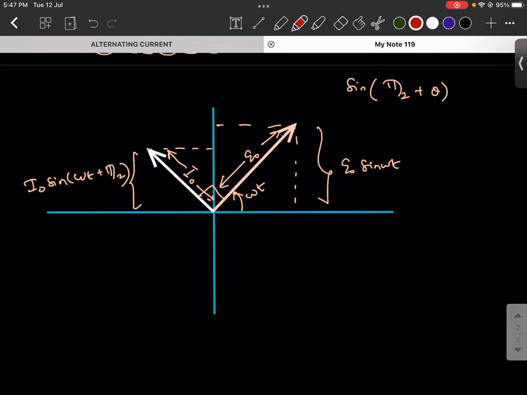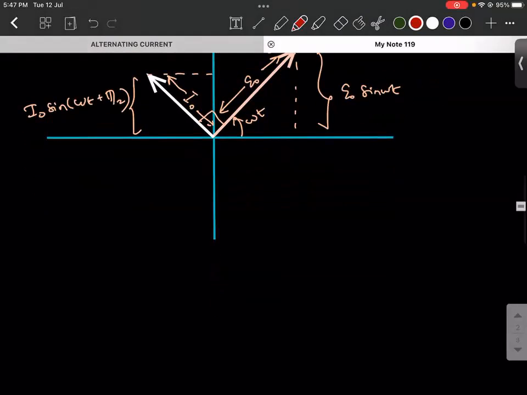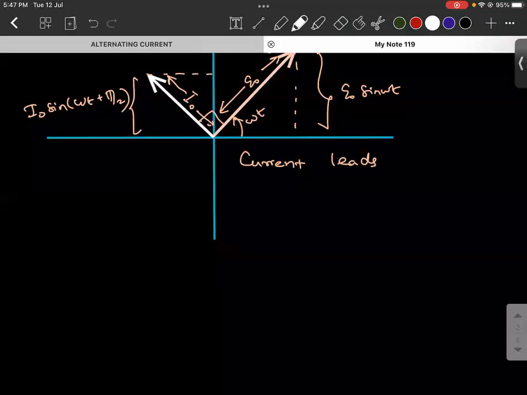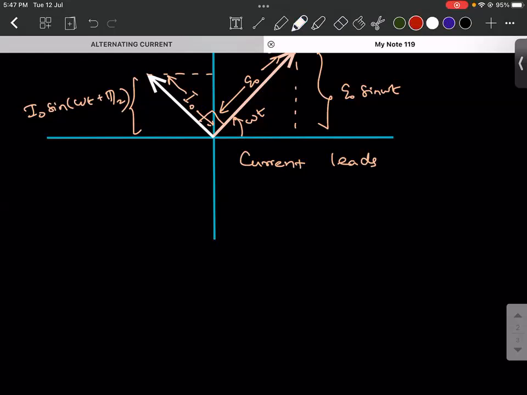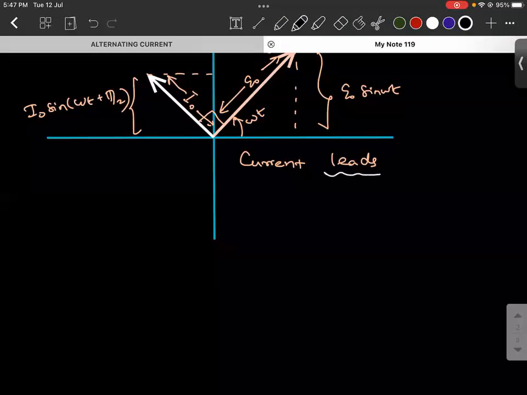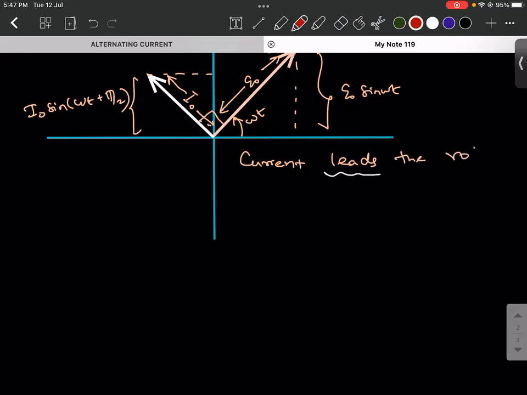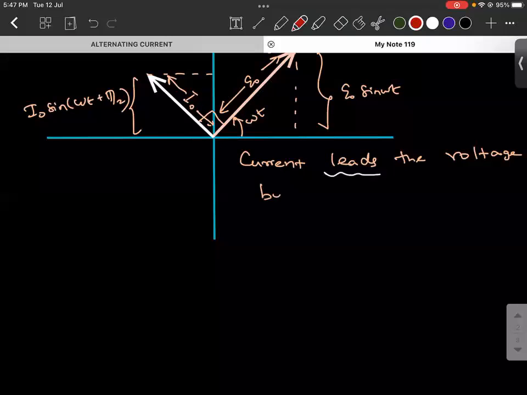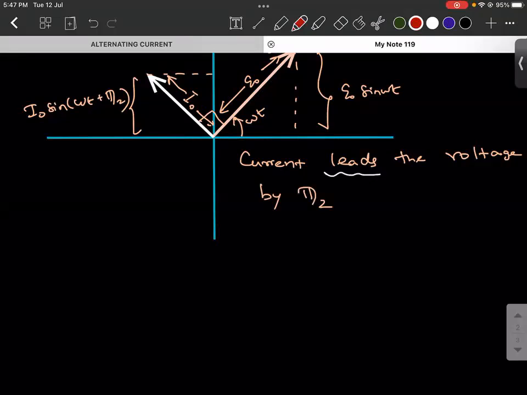Now, an important point to be noted here is current leads the voltage by pi by 2, or voltage lags the current by pi by 2.